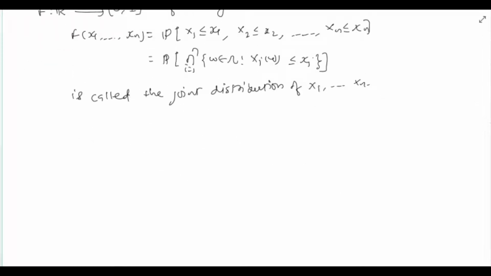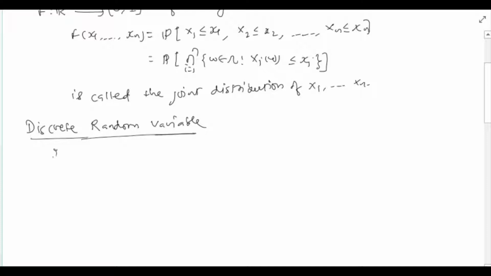To proceed further, let us consider the case of discrete and continuous random variables separately. So, discrete random variables. Now we assume that the variables X1 to Xn are all discrete.